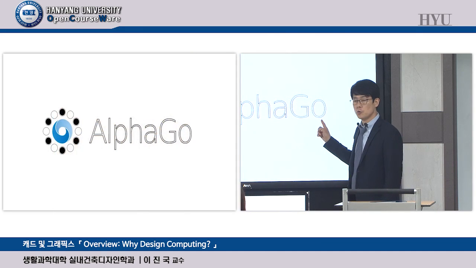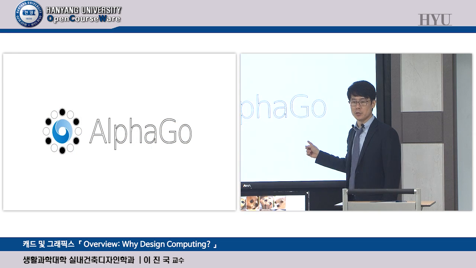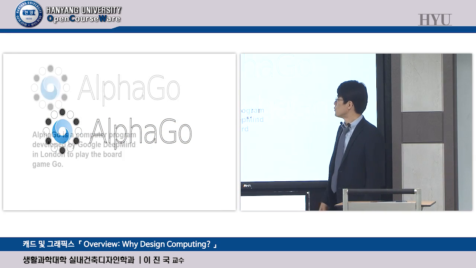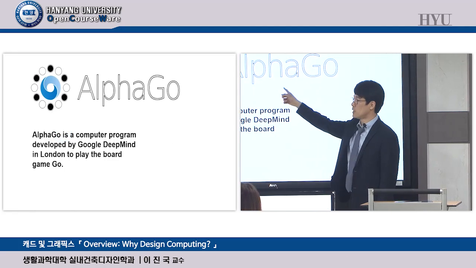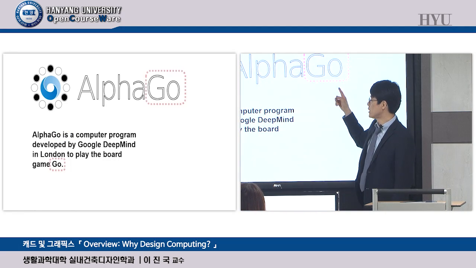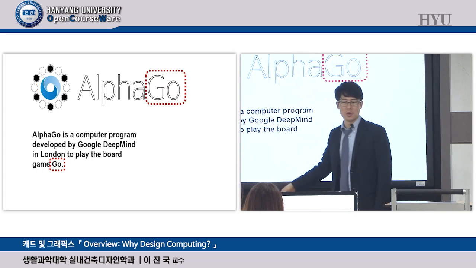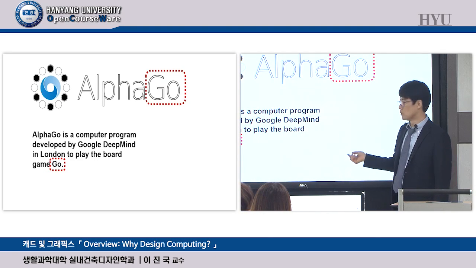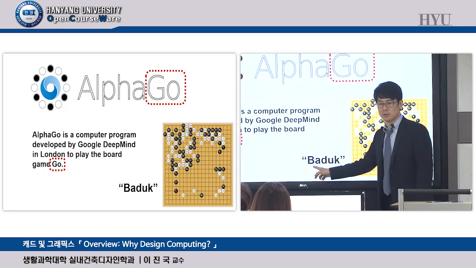How about this one? You know this one. This is a very up-to-date issue nowadays, right? So you know AlphaGo. Do you know the meaning of alpha and Go? What is Go? Go is the international term for 바둑, okay?